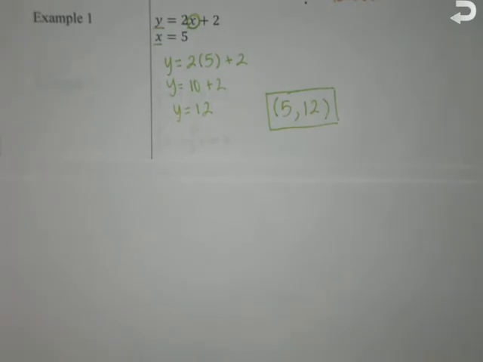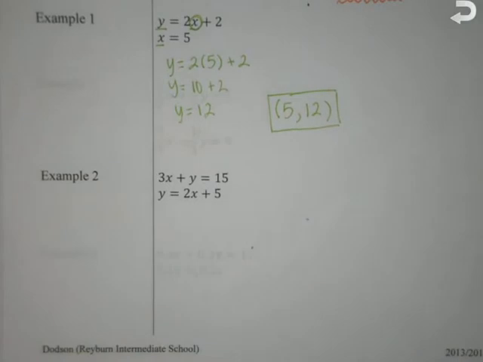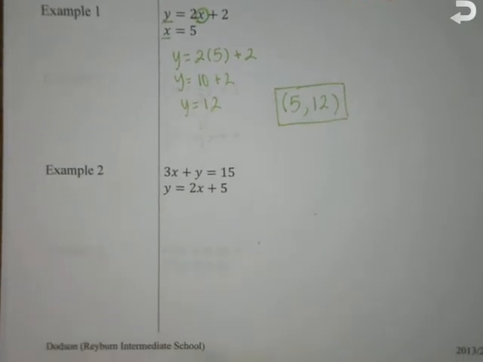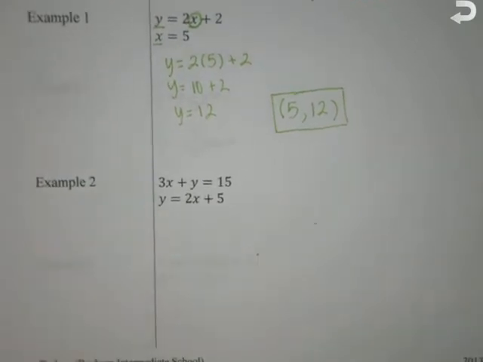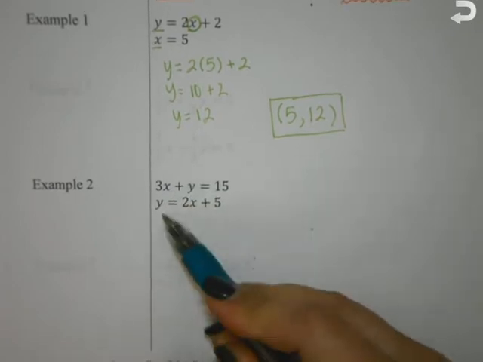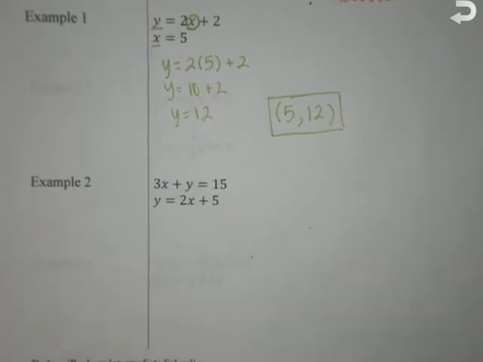So let's look at another one where we're only looking at expressions. So example 2. Okay, example 2. 3x plus y equals 15. And y equals 2x plus 5. This is actually really similar to what we did in the AO. Do I have a variable isolated already? No. Yeah, look at the second equation.